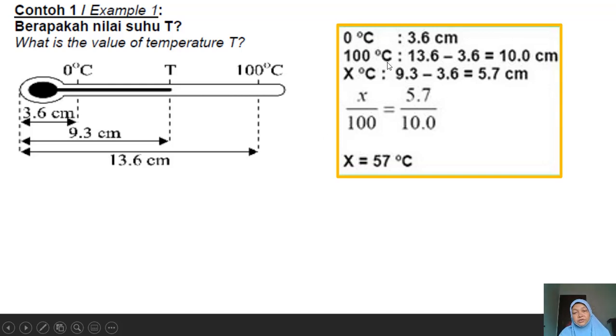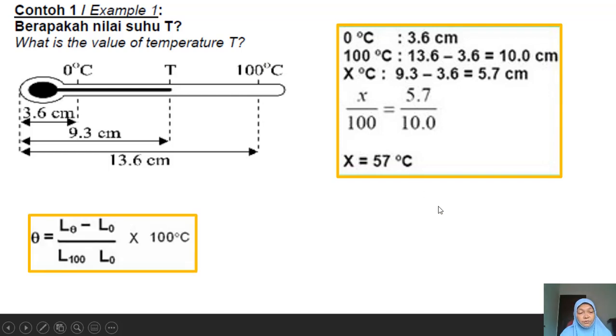At 100 degrees Celsius, it is 13.6 minus 3.6 equals 10.0 cm. So x equals 9.3 minus 3.6, we got 5.7. Then we do mathematics. x divided by 100 degrees Celsius equals 5.7 cm divided by 10.0 cm, and we get x equal to 57 degrees Celsius.